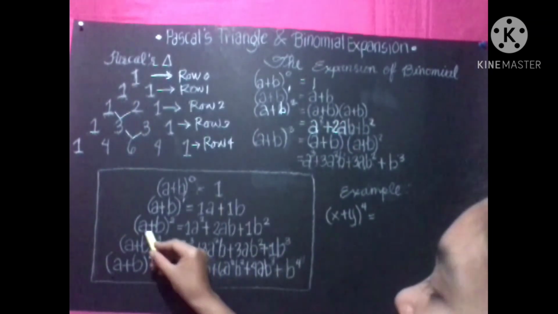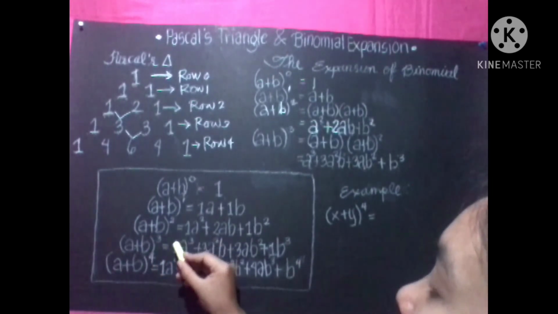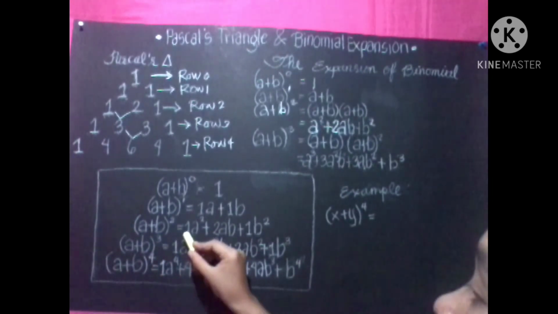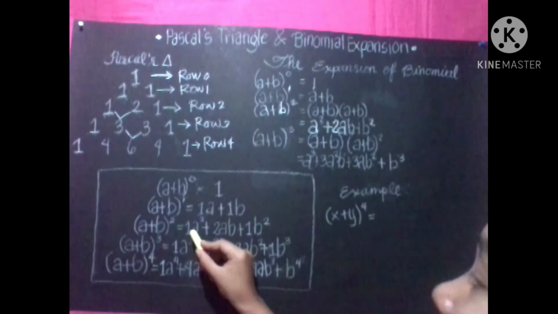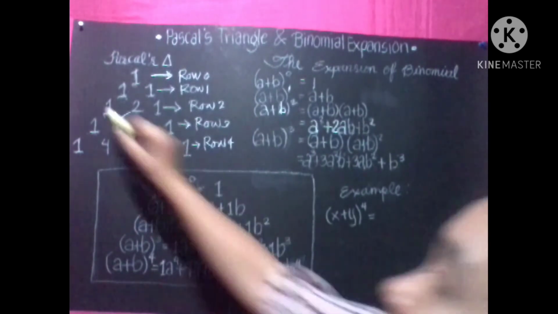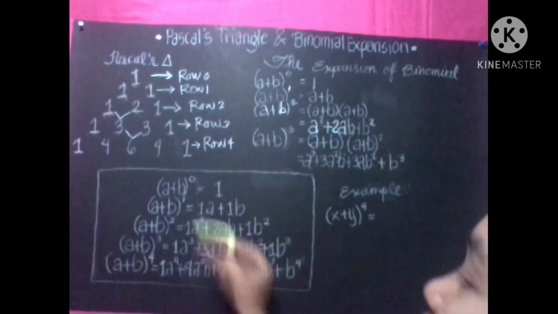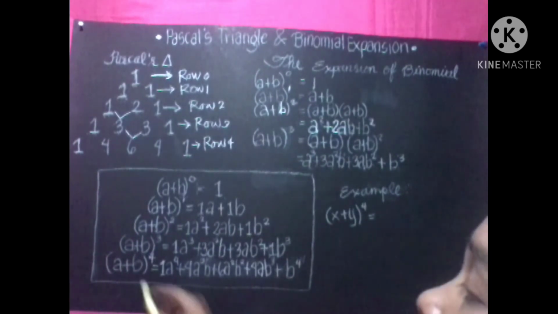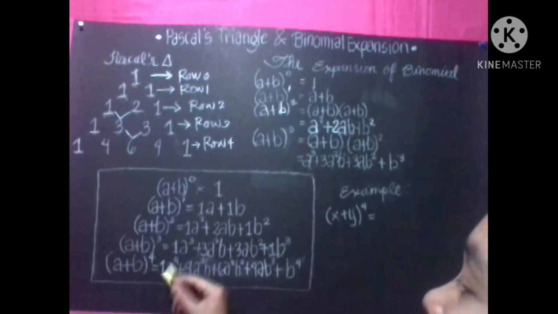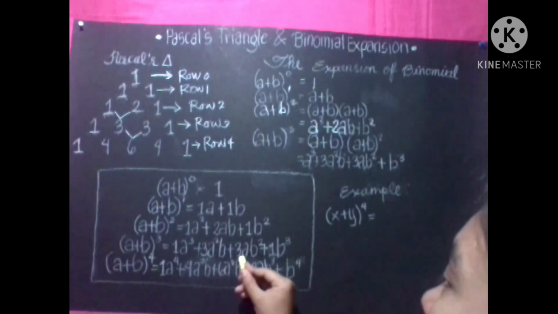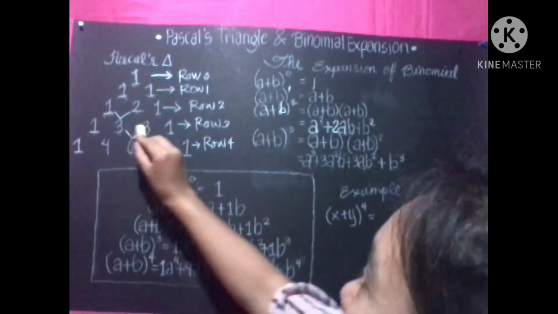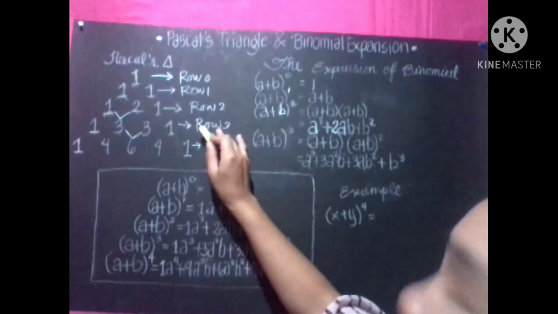Next, (a plus b) raised to the power of 2 is equal to 1, 2, 1. So we just have to look for the coefficients. Then (a plus b) raised to the power of 3: 1, 3, 3, 1, or row 3.